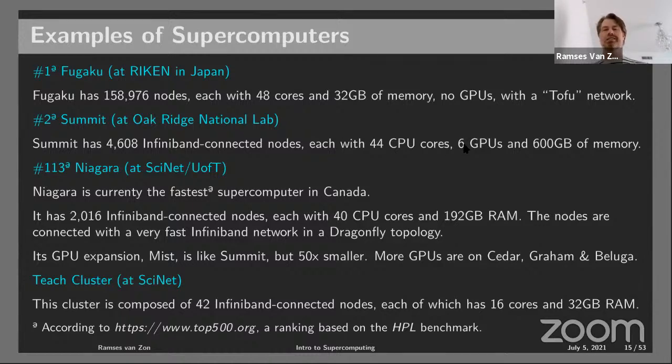But then each of them has 6 GPUs and a bunch of memory, 600 gigabytes per node. And those GPUs are very powerful, such that this almost 5,000 node system is almost as fast as, or can almost beat, the number 1. Not really almost, but it's in the same order of magnitude. So that shows you how much more powerful these GPUs are for this particular application.